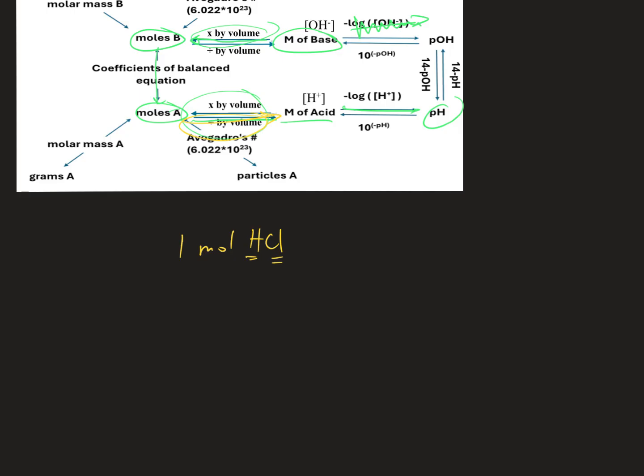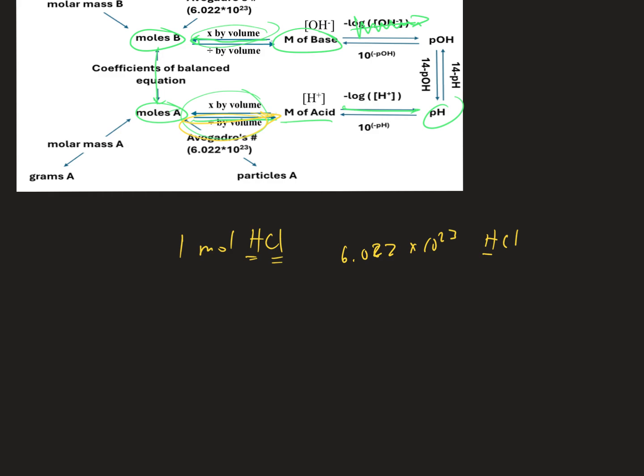So when we first learned about moles, remember, what's a mole? 6.022 times 10 to the 23 particles of that substance. If we have 6.022 times 10 to the 23 HCl particles, how many of those do we have?